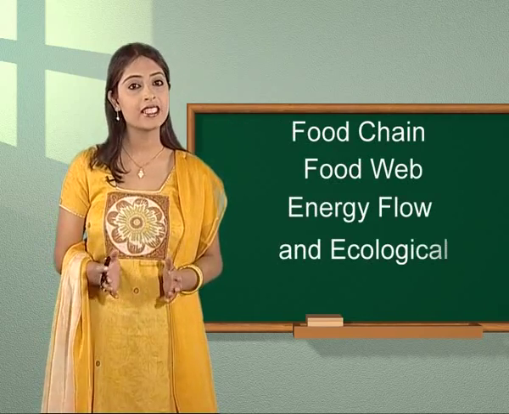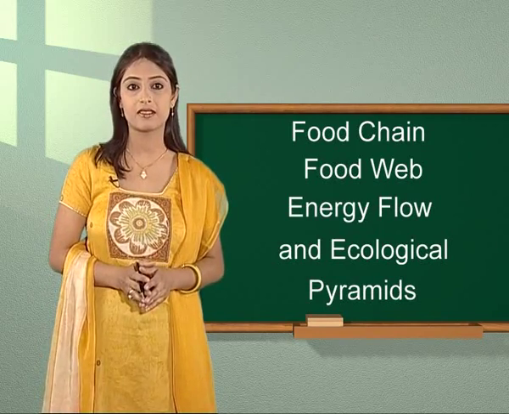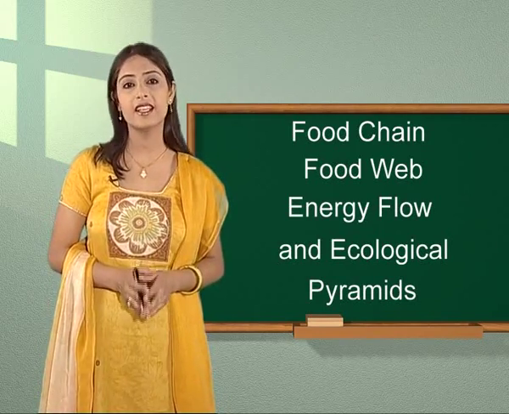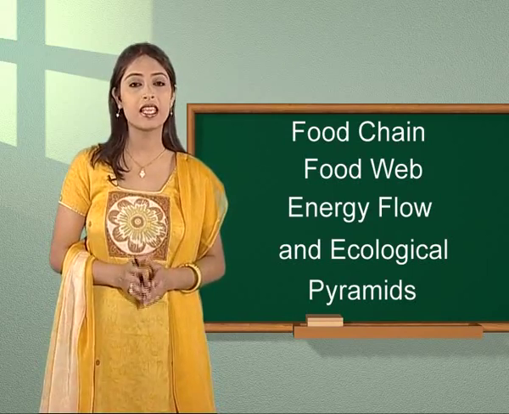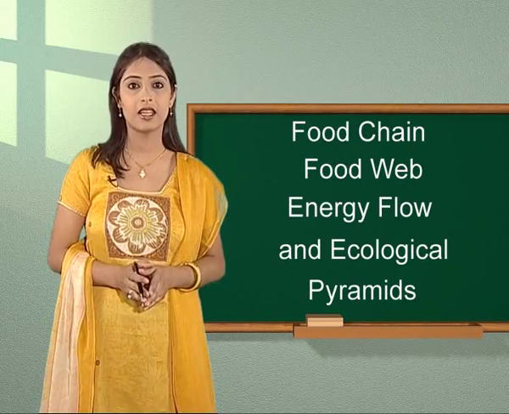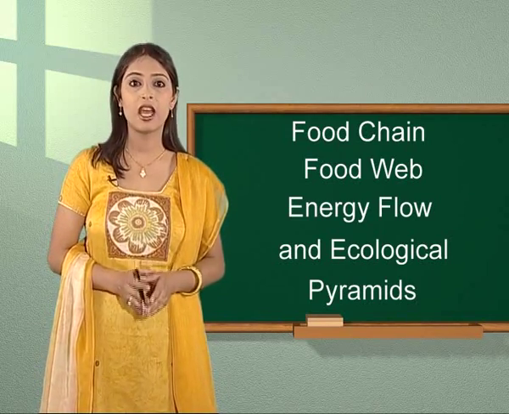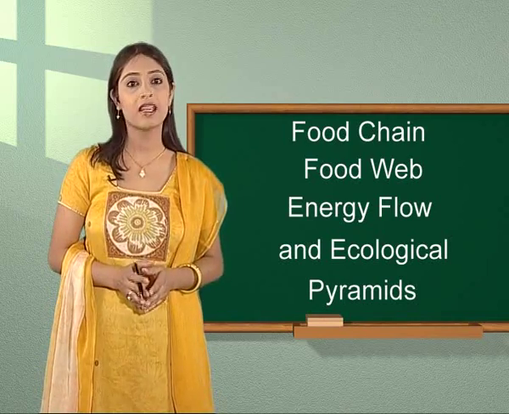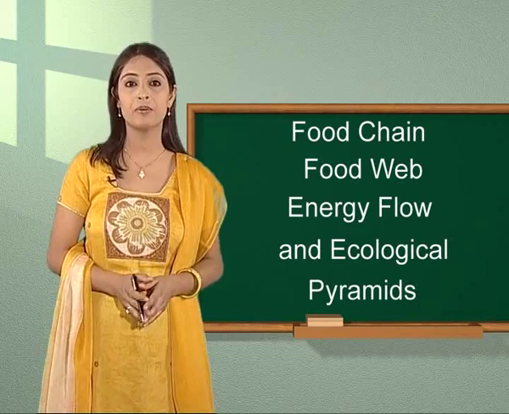Finally, the dead and decomposed animals become soil nutrients. So this is an endless cycle, or we can say that energy flows in an endless cycle. It neither has a starting point nor an end point, but it changes its forms. It travels in the form of food chain and food web.